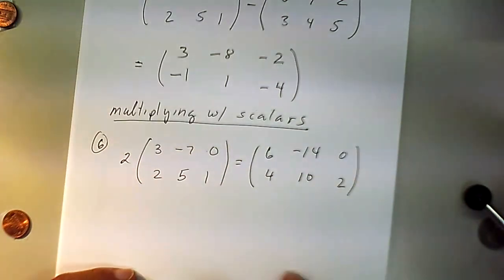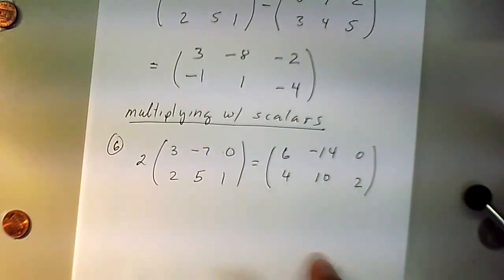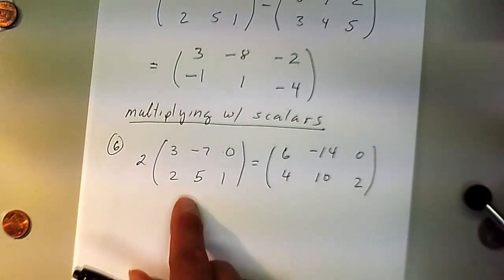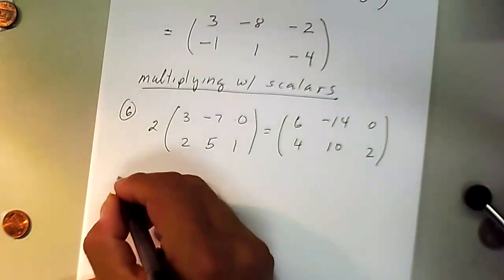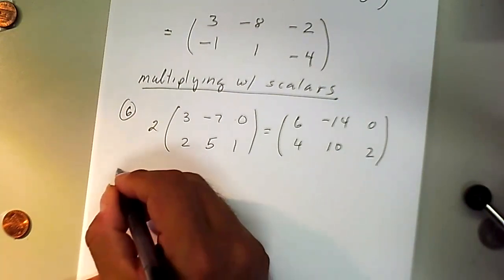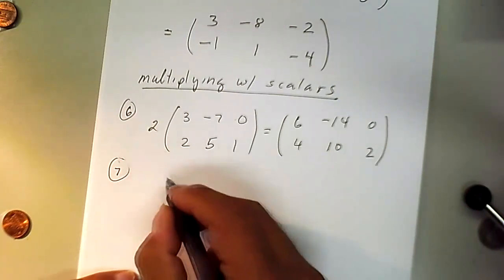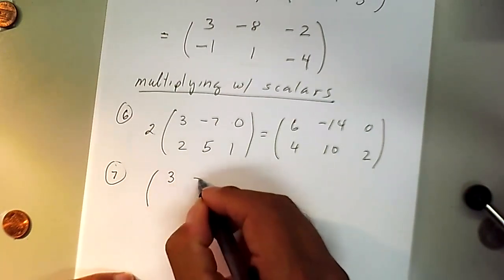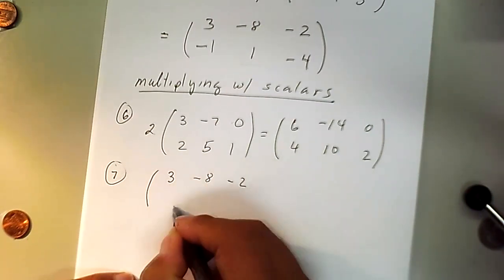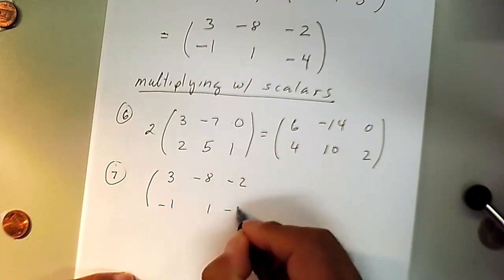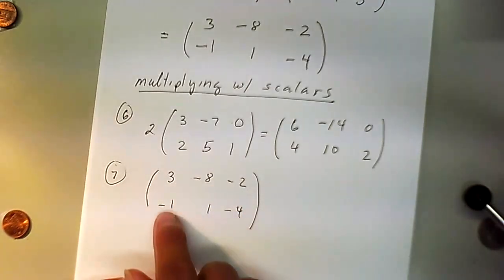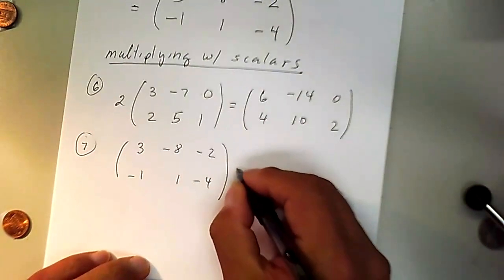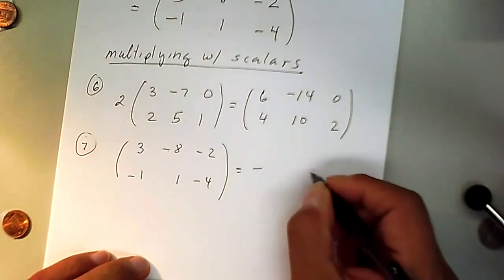There we go. And likewise, as much as you can multiply into a matrix, you can factor things out of a matrix. That is very handy when we are doing computations. So for instance, 3, -8, -2, -1, 1, -4. So this matrix has 4 negative numbers. Perhaps we can factor out the negative out of it.